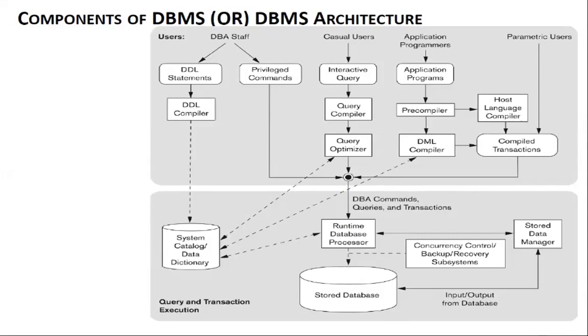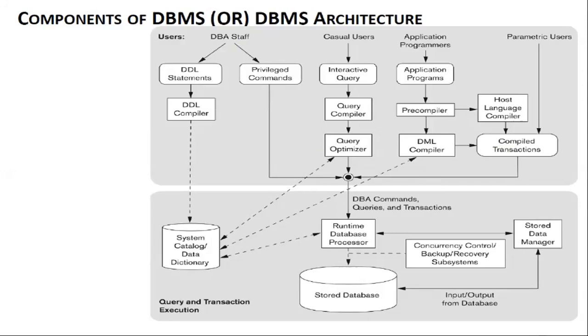Now let's describe the architecture based on the users. As you can see in the diagram, four different types of users are given. Generally, in any database management system architecture, there are four different users. This diagram shows a very general database management system architecture.